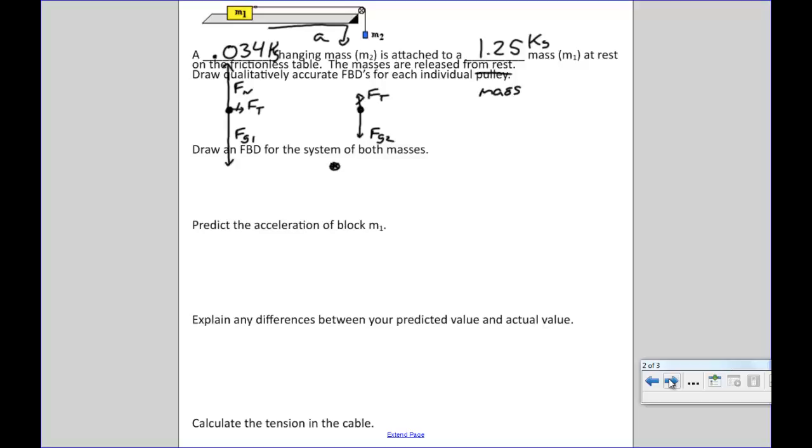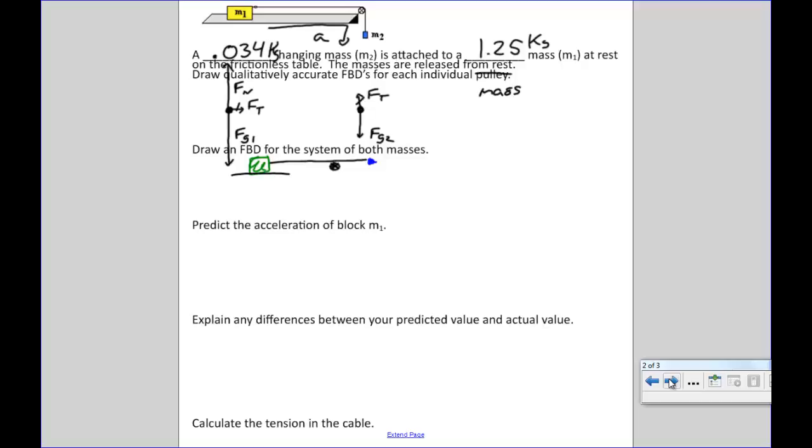So there's our pulley. And we'll say that mass M2 is attached on that side of the string, and mass M1 is on a table right there. The reason I'm doing this is to show that the forces of tension are internal to our system.